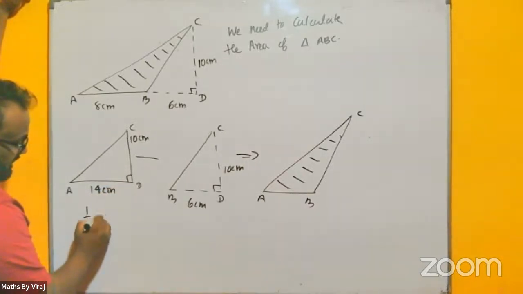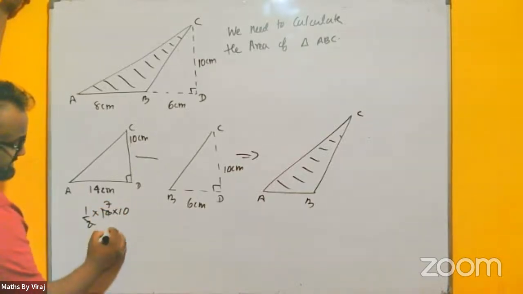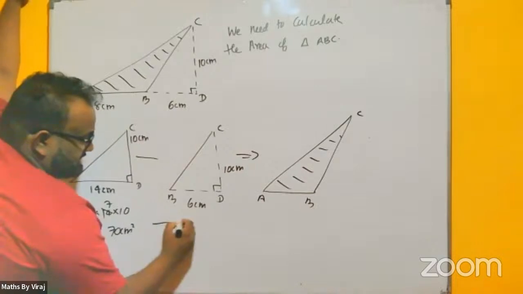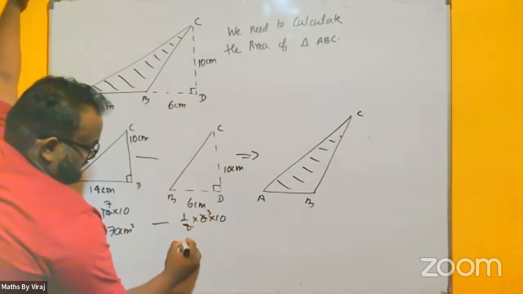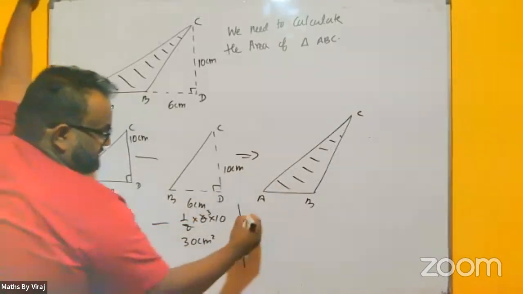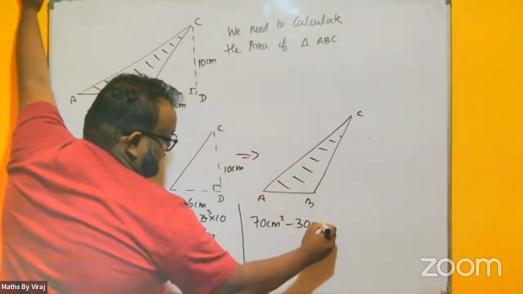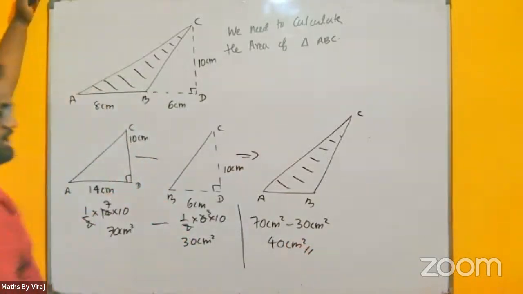So half into 14 into 10, 70 square centimeters, minus half into 6 into 10, 30 square centimeters. Therefore, 70 square centimeters minus 30 square centimeters is what? 40 square centimeters.